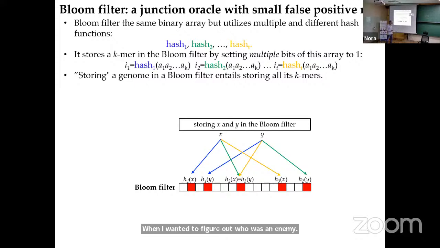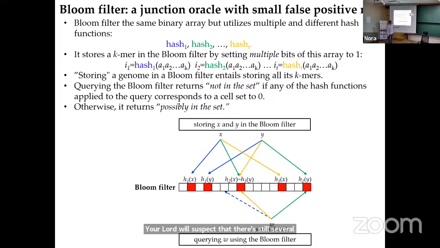Now, when I want to figure out whether an element belongs to the set of k-mers that I stored, what do I do? I take element W and check green hash: the element is red, brown is red, but blue is not filled, which immediately implies that W is not in the set. If it was stored, the blue element would be red.